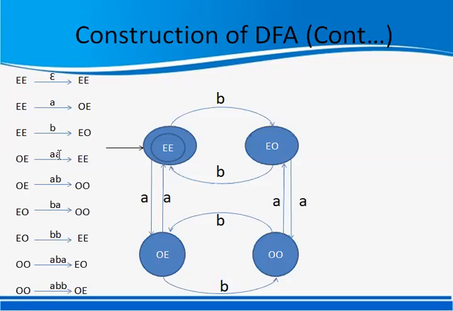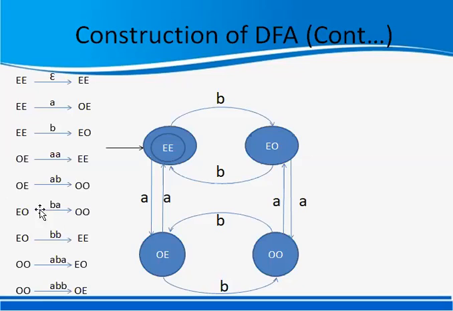It comes under the category even number of A's and even number of B's, because the number of A's is 2 and the number of B's is 0. So it is EE. So from state OE on input A, our next state will be EE.